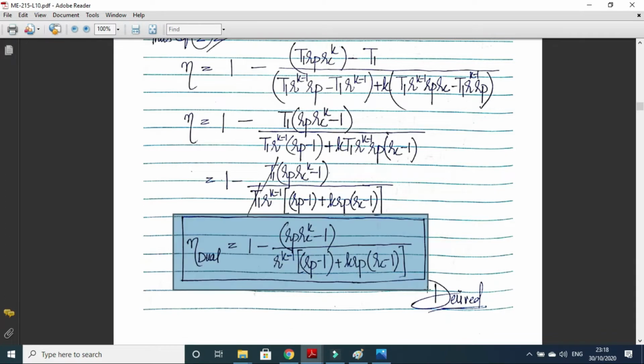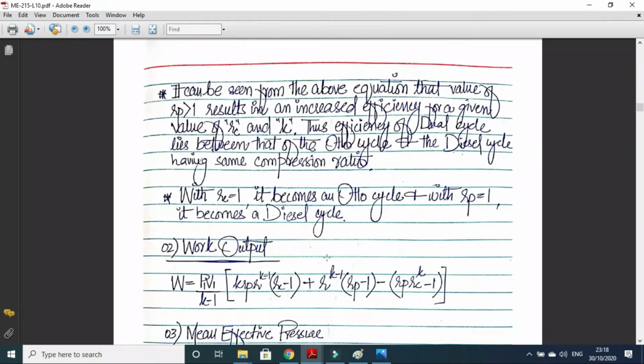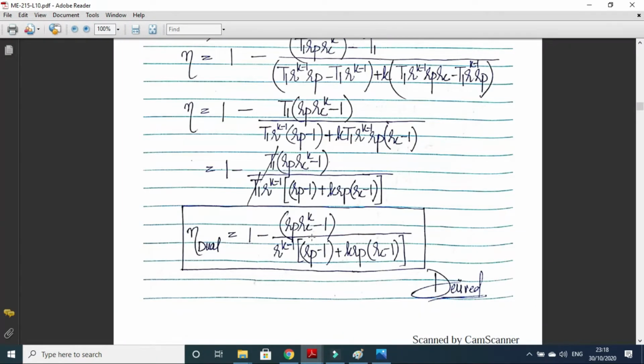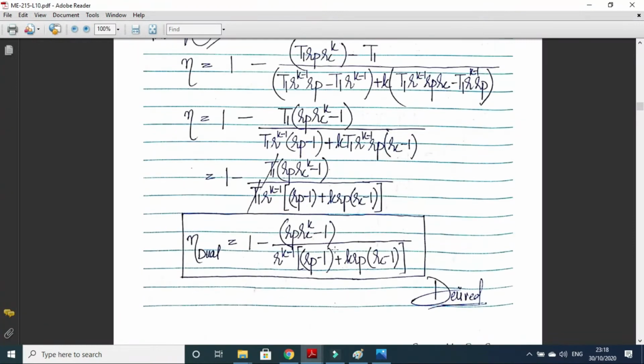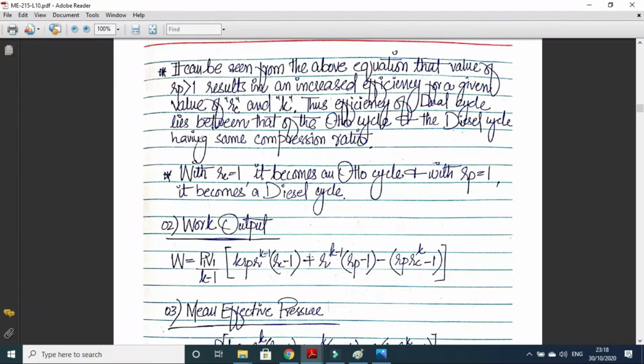You can see that we have an additional parameter Rp, and what will it do? Rp is in both the numerator and the denominator, so its effect will be more dominant in the denominator, and it will cause the efficiency of the dual cycle to be in between the efficiency of the Otto and diesel cycle.